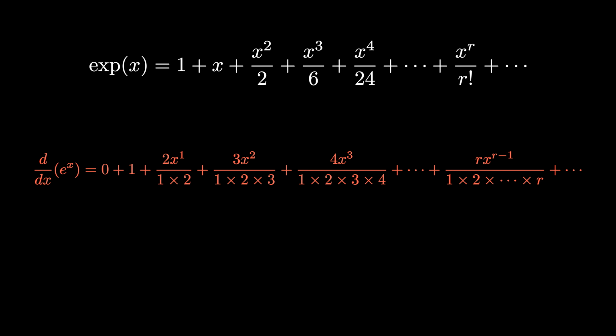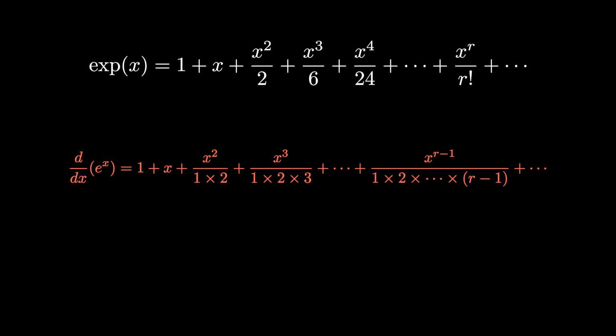At this stage, it's also helpful to write out our denominators, the factorials, a long way, so that it's easier to see how it simplifies later. Now, simplifying our fractions down, you can see that our coefficient on the x term on top is continuously simplifying with the largest number on the bottom. We can see that the 2x divided by 1 times 2 simplifies to x over 1, and so just x. Then 3x squared divided by 1 times 2 times 3 can simplify to x squared over 1 times 2, and so on.